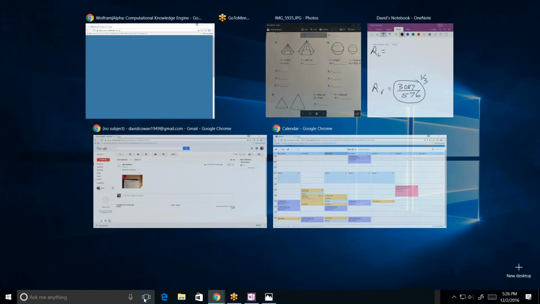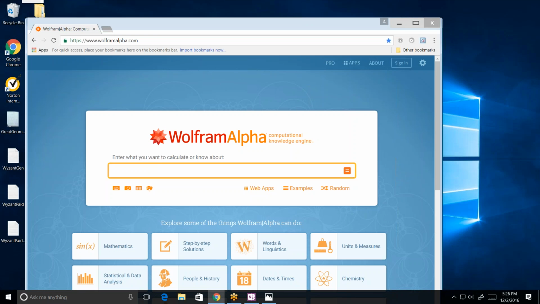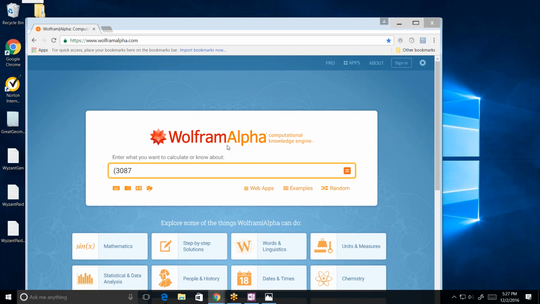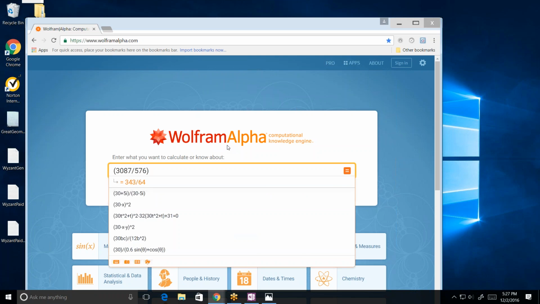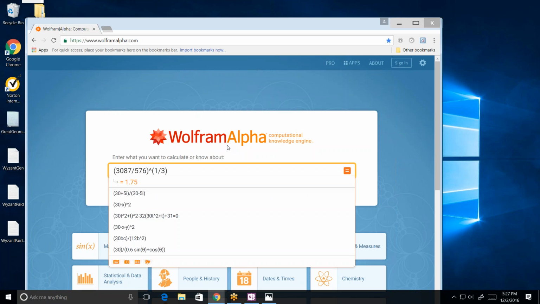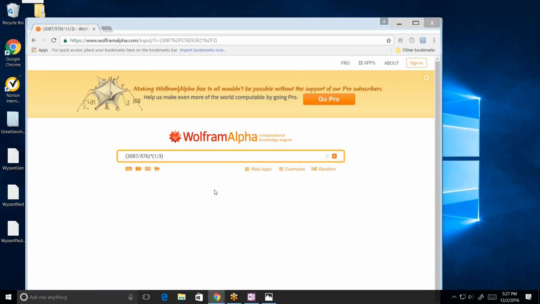All right, let's see. I got 3,087 divided by 576 raised to the 1/3 power. That's what you do when you take the cube root of something, you raise it to the 1/3 power.